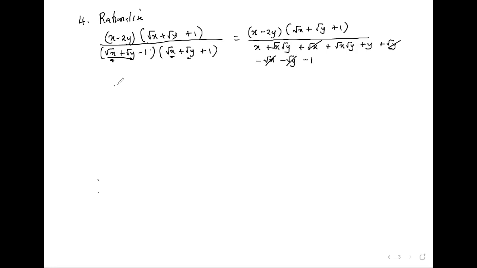So we have x minus 2y, root x plus root y plus 1, over x plus y minus 1 plus 2 root x root y.